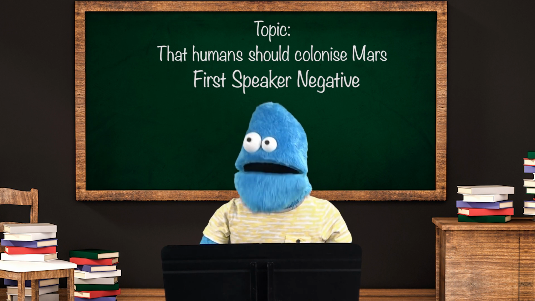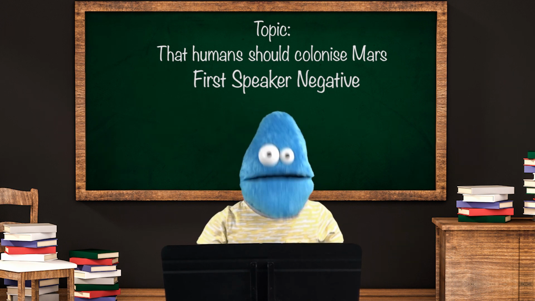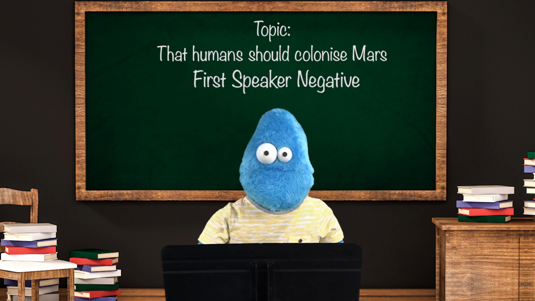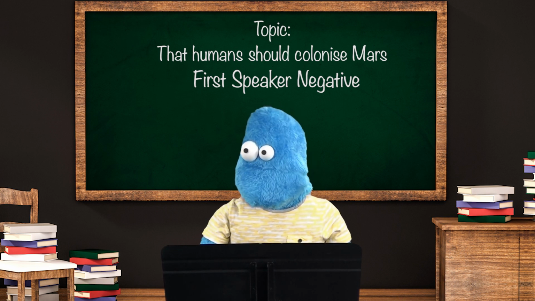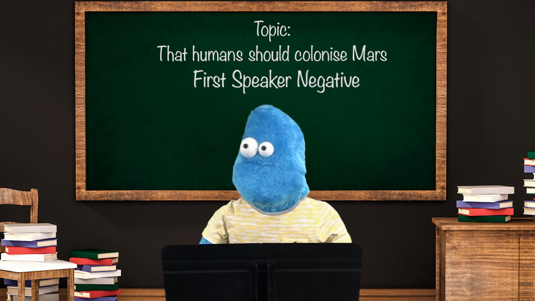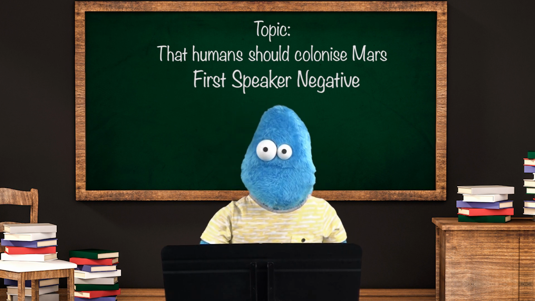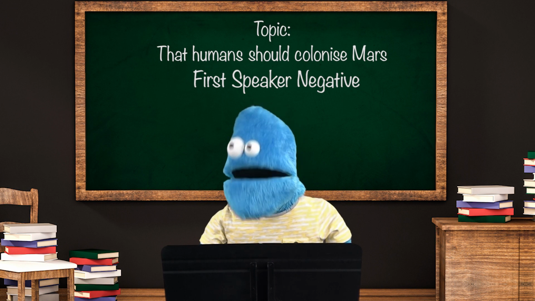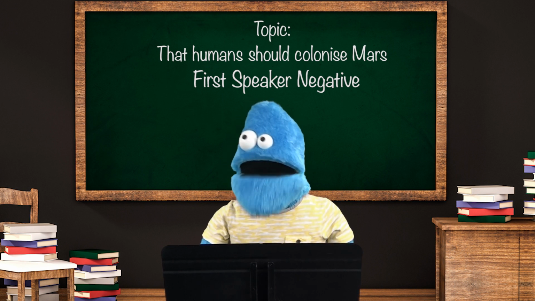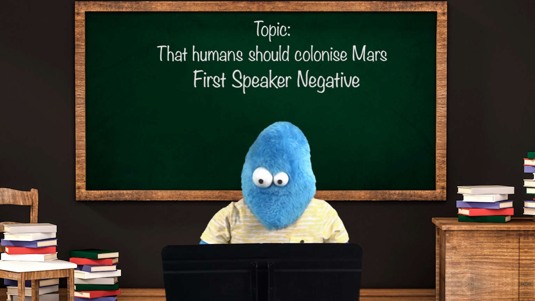Our second speaker will focus on the individuals of this planet that are forgotten. He will look at the issues of poverty and disease, and how the money could help millions of people here on Earth. He will also focus on the unnecessary dangers that could face colonists on the Red Planet.